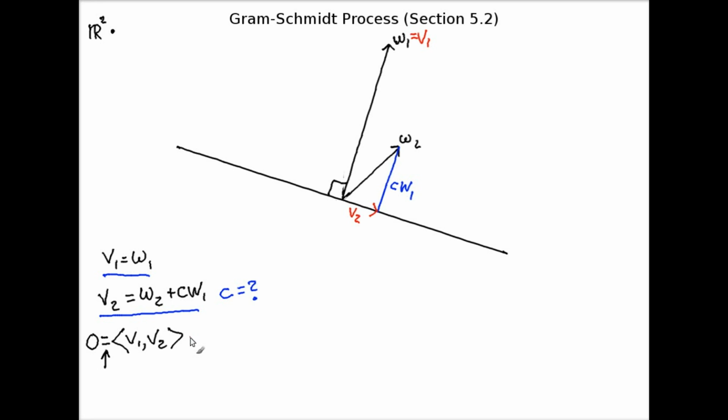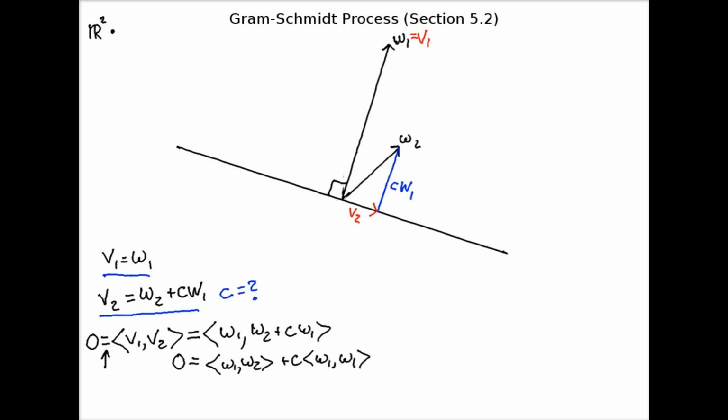And, well, what is this? V1 is W1, and V2 is W2 plus C W1, which I can write out as the inner product of W1 and W2 plus C times the inner product of W1 and W1, and I'm asking you to pick C to make this 0.